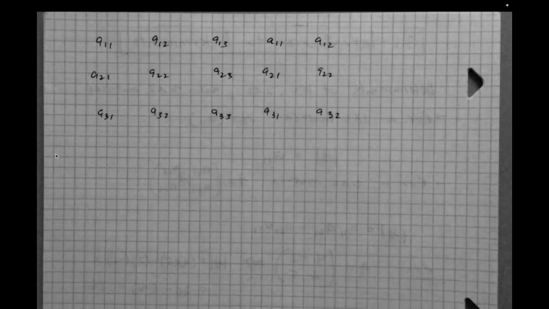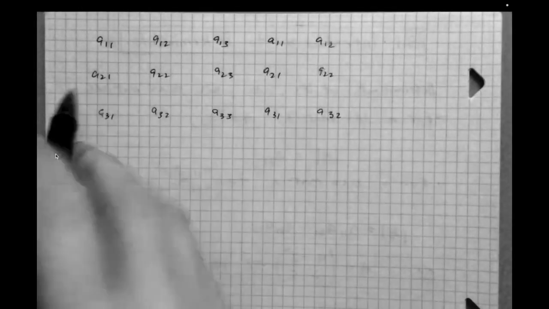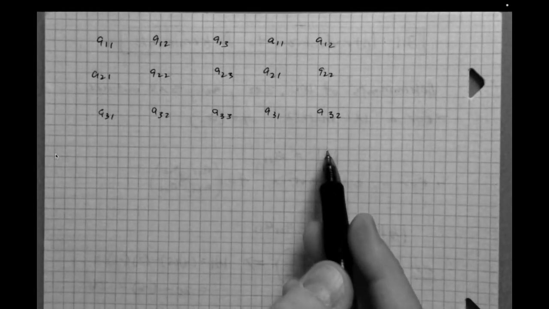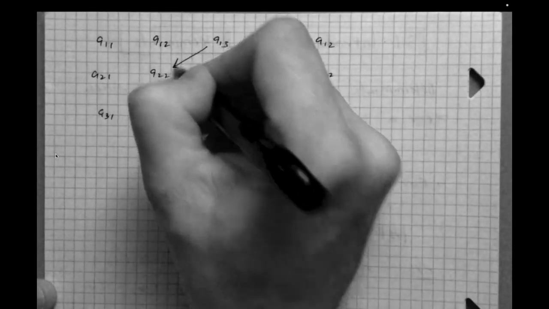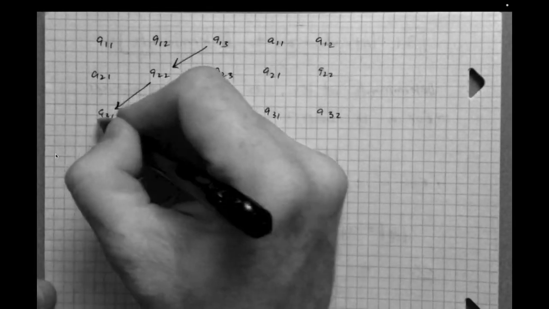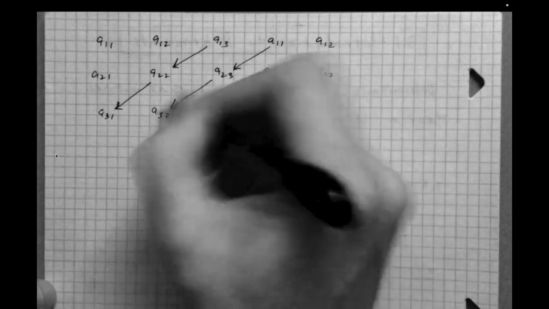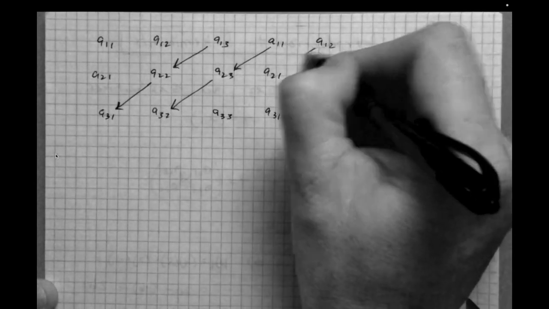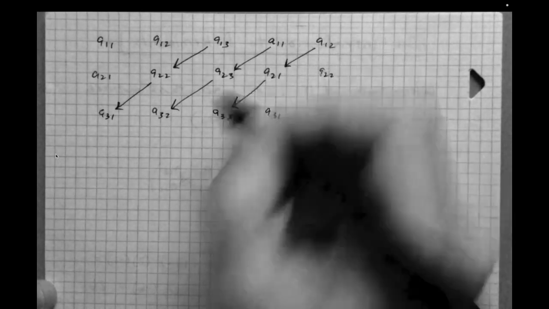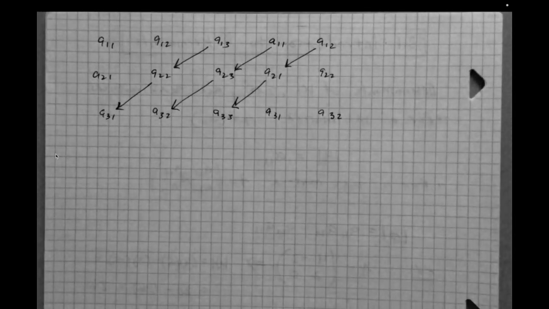Now the way to remember the determinant calculation for a 3x3 is to remember this picture, which is easy enough to recall, and then multiply these three numbers together, these three together, and these three together.